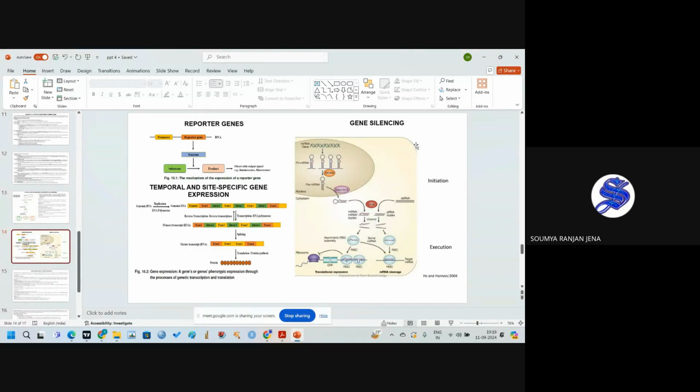But during gene silencing, how is this gene or exon silenced? It is done by two methods. One is miRNA, that is RNA interference, and another one is siRNA, that is small interfering RNA. For an example, nowadays the hybrid tomato will not be degraded by the enzyme.